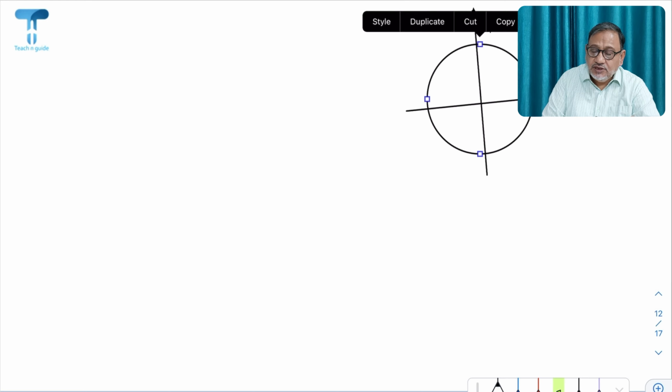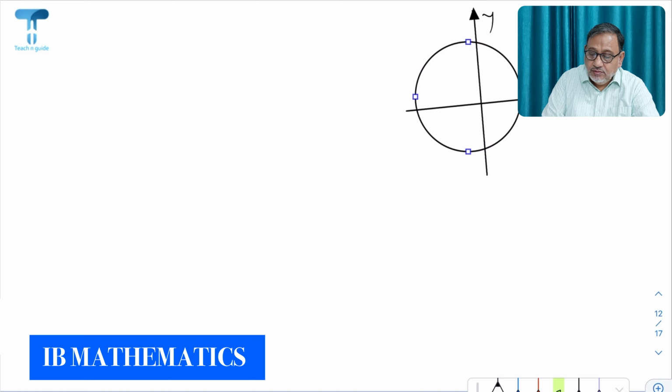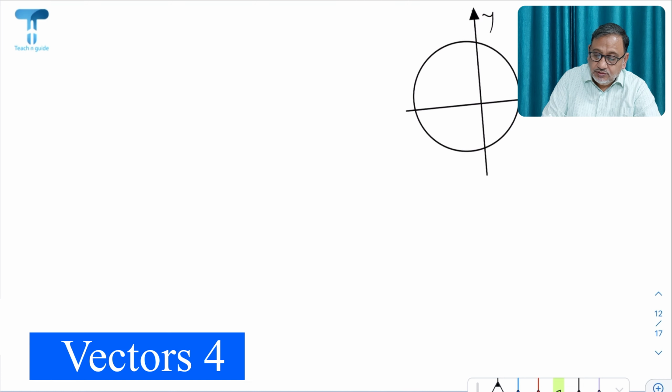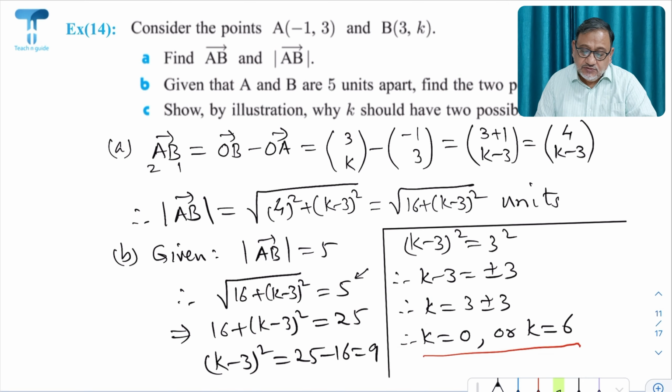This circle has A, we will take here, -1 and 3.